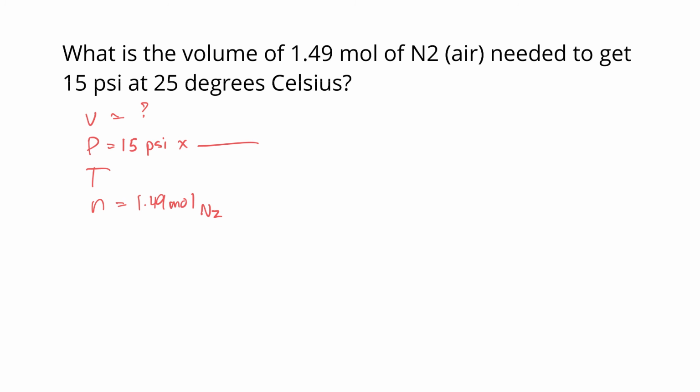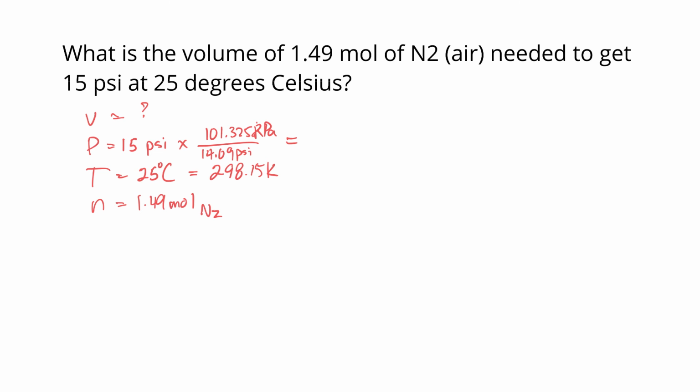So I need to fix that. So 14.69 psi is the same as 101.325 kilopascals. Okay, so I can figure that out. Then the temperature is 25 Celsius. So add my 273, that gives me 298.15 Kelvin.